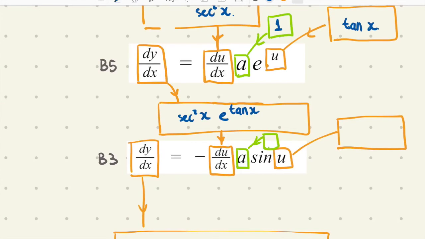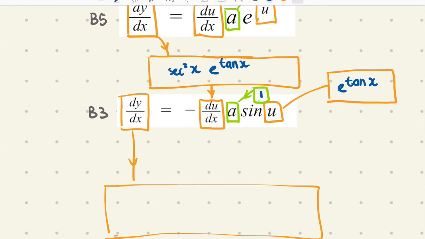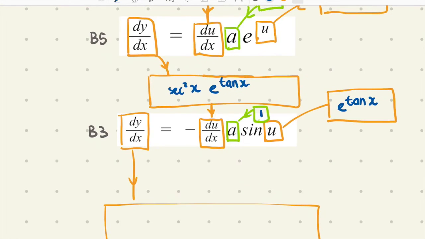U itself is e power tangent x, and A is equal to 1. We substitute all the expressions and constants here.